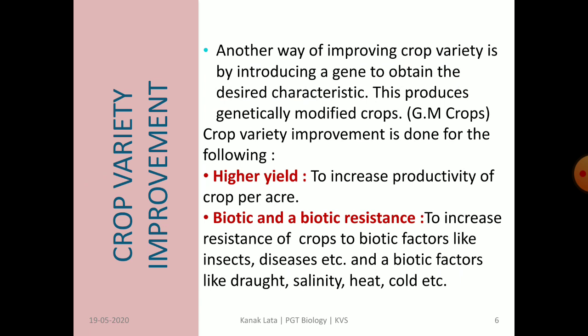Crop variety improvement is done for biotic and abiotic resistance, means such crops are resistant to insects, diseases as well as resistant to drought, salinity, heat, cold, etc.